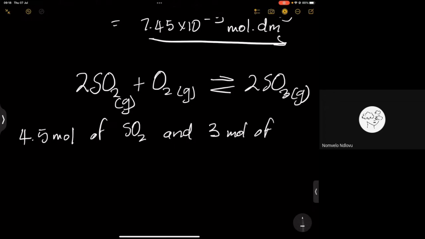Okay, 3 moles of oxygen placed in a, let's say, 2 cubic decimeter empty container.